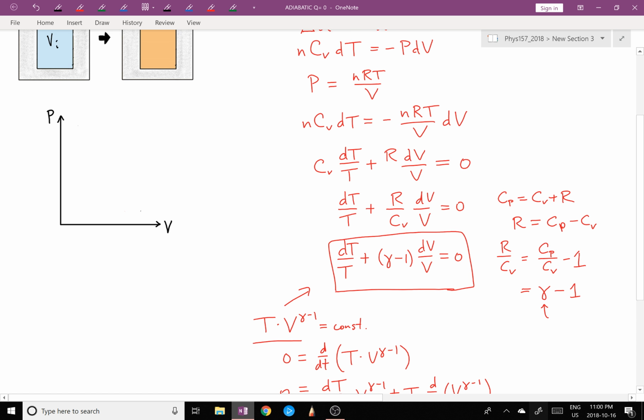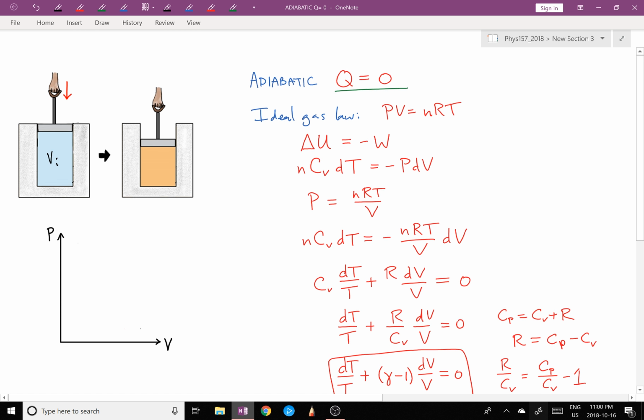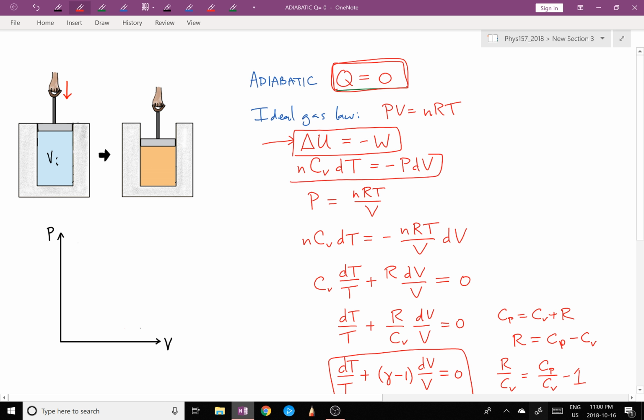So just as a quick review, what we did was we started with this, which is the defining property of an adiabatic process. We used that in the first law of thermodynamics to end up getting this relationship between the change in energy and the work. And then we related the change in energy to the change in temperature, the work to the change in volume.